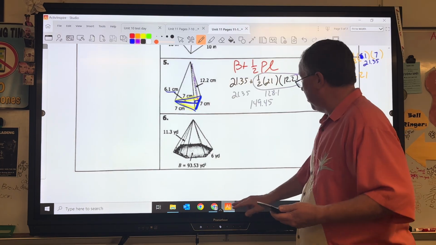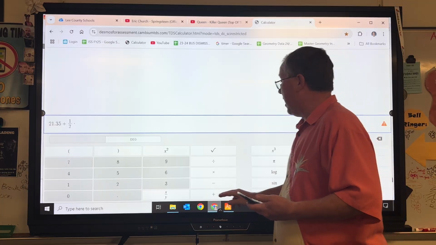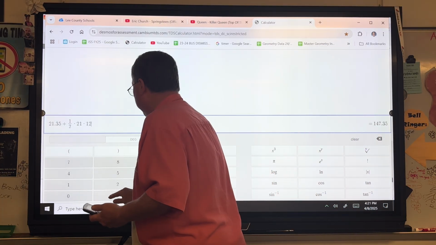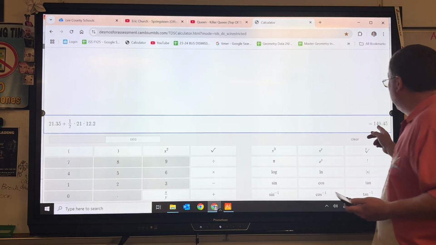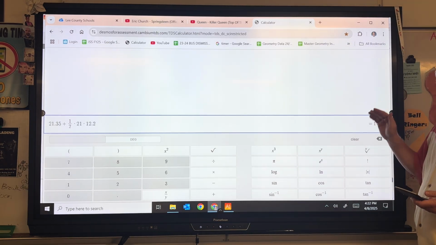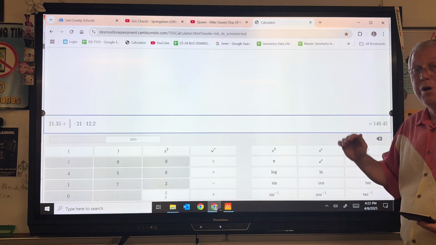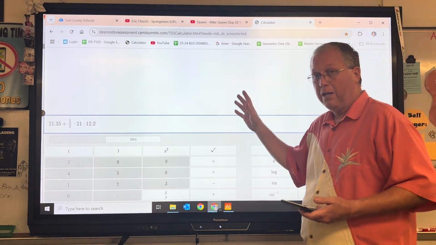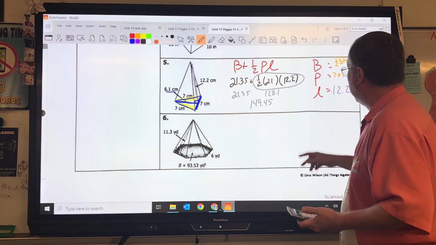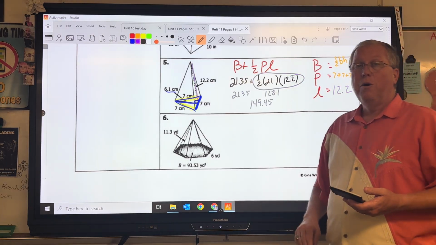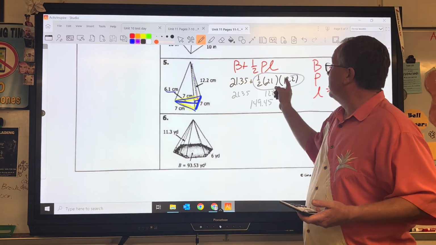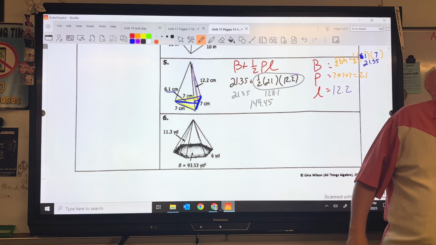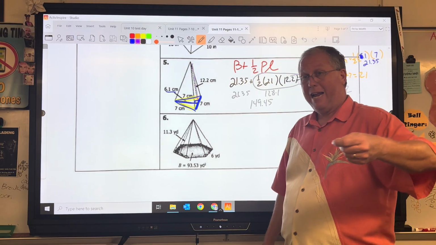My other two numbers were 21 and 12.2, and I go times 21, and I go times 12.2, it gives me 149.45. The calculator does everything for you. You just have to type it in the exact order that you have it on the formula, okay? And mine was 149.45 as well. So you can let the calculator do the work. You just have to get this set up and find the area of the base, the perimeter of the base, and the slant height, okay?